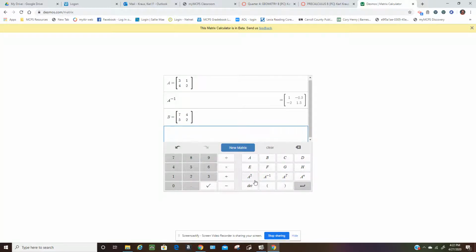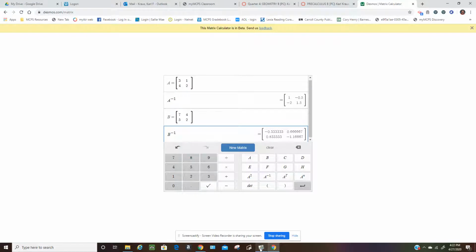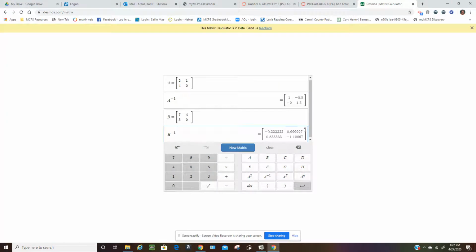There's my matrix B. Then if I do B and then inverse, then I get -1/3, 2/3, and then 0.833, and to see if those are equivalent to what I have here. So -1/3 and 2/3, and this is equivalent to 5/6 and -7/6 there.